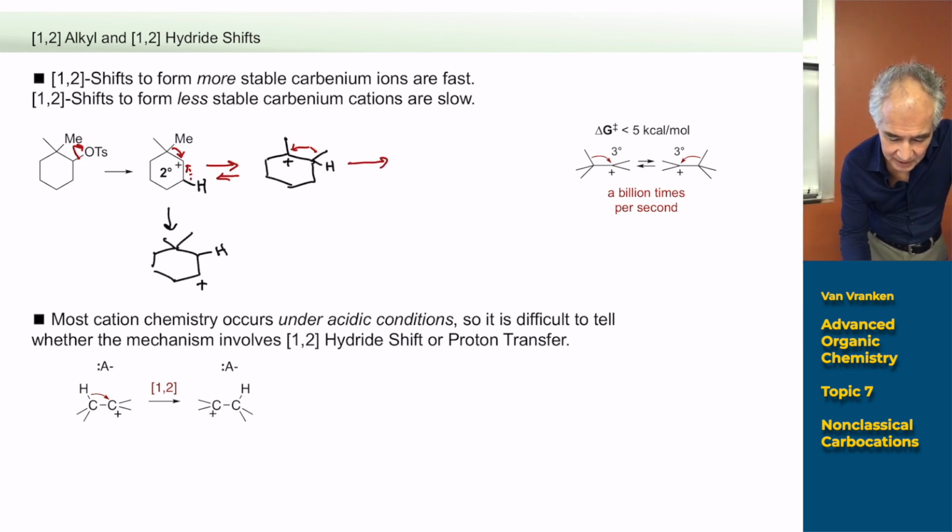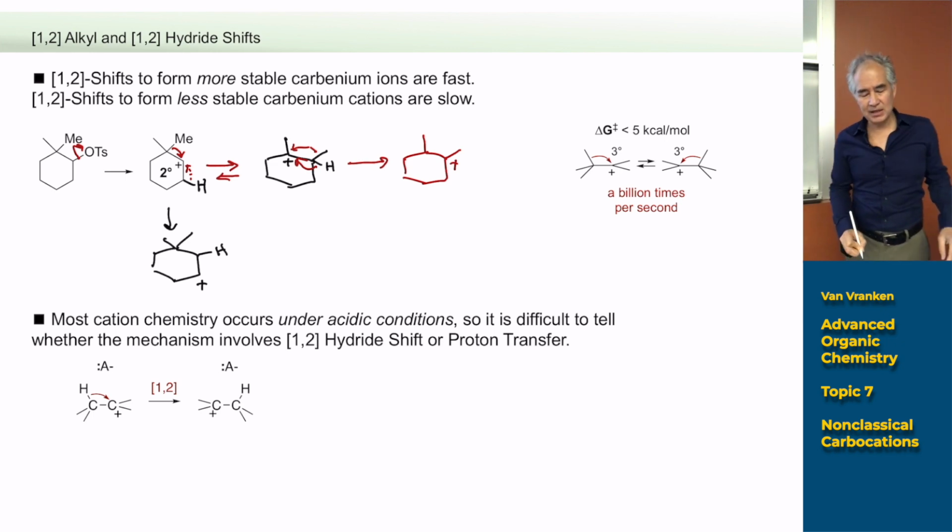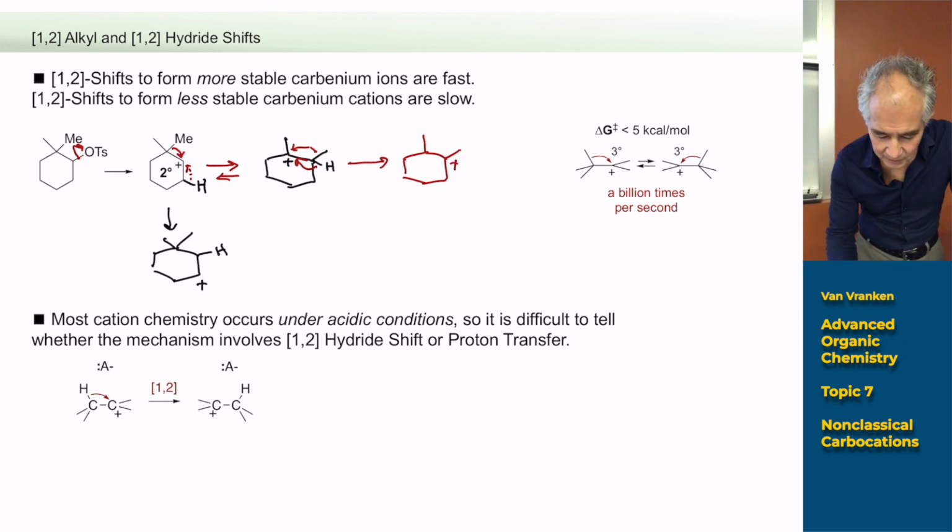The other possibility is for this hydrido group to migrate over there. I would expect that to be a little bit faster, and that would put this plus charge back. Now, you wouldn't know that this is occurring because by symmetry, these two molecules are identical if I move the hydrido group over there. But I would expect that hydride migration, this 1-2 shift, backwards and forwards to be fast.